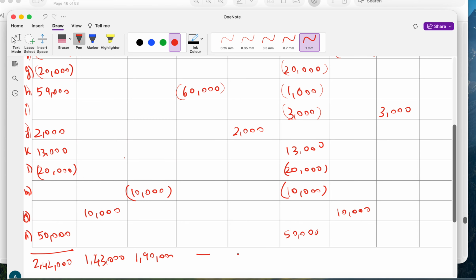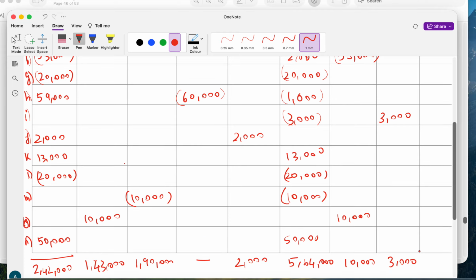Prepaid insurance 2,000. Okay. And capital at 5,64,000, creditors at 10,000, outstanding rent at 3,000.